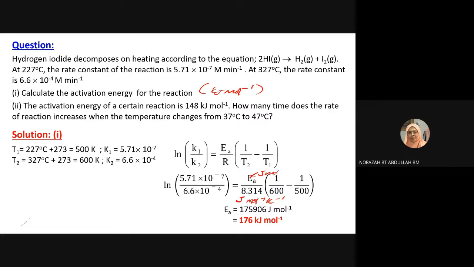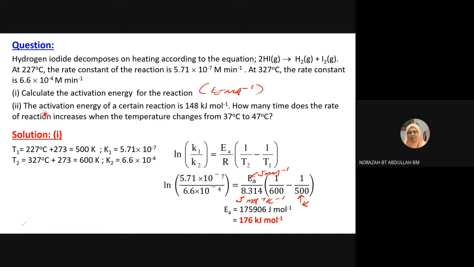Joule per mole. Temperature mesti dalam Kelvin. Okay, jadi kalau kamu nak mencari EA, kamu akan dapat nilai joule dahulu. Joule per mole-nya berapa? Bahagi 1000. Maka dapatlah dalam kilojoule. Kalau kata diberi EA, mencari nilai-nilai lain sama ada K atau temperature, EA yang diberi dalam kilojoule itu, kamu kena convert kepada joule untuk sesuaikan dengan nilai R.